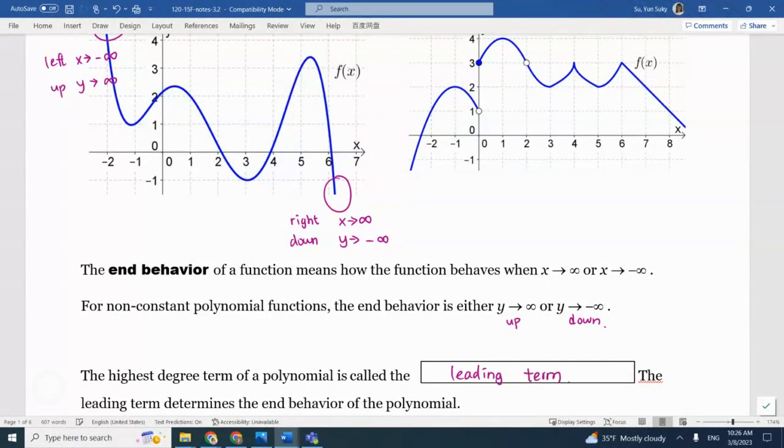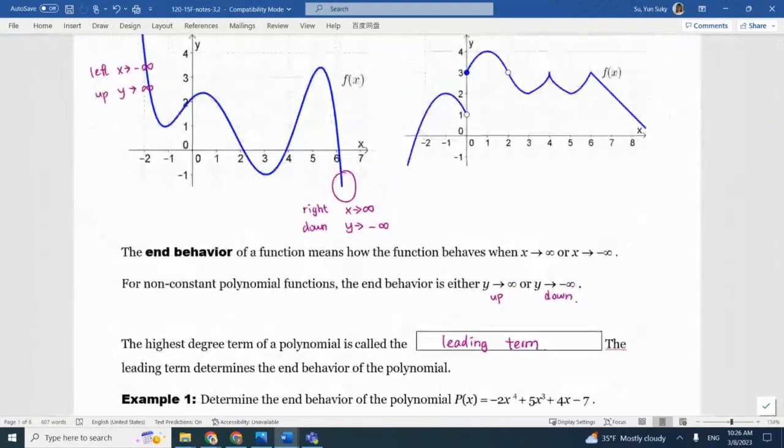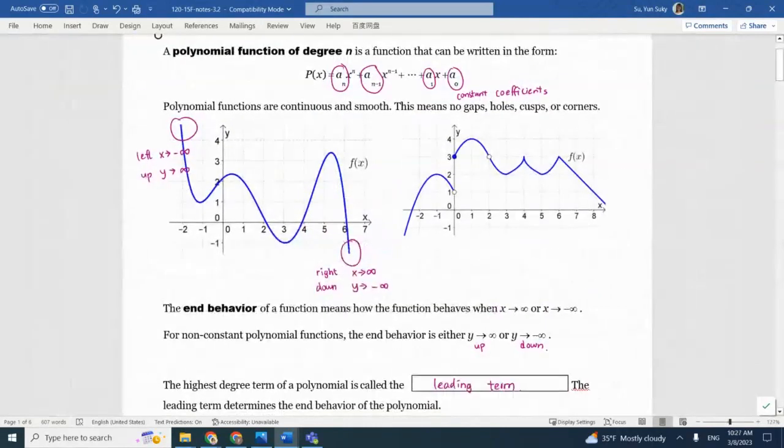Okay. And the leading term determines the end behavior of the polynomial. And in this case, the a sub n is called the leading coefficient. So far, so good.